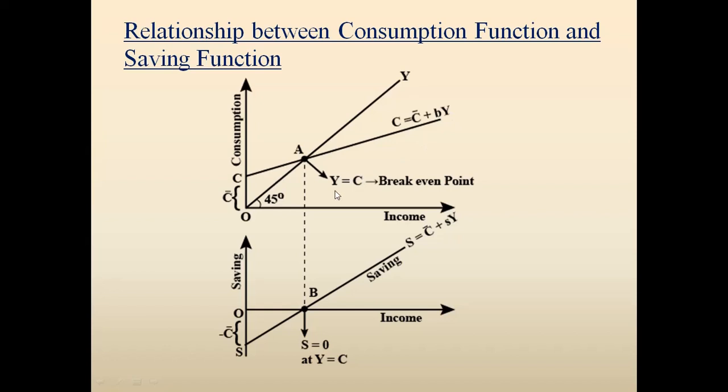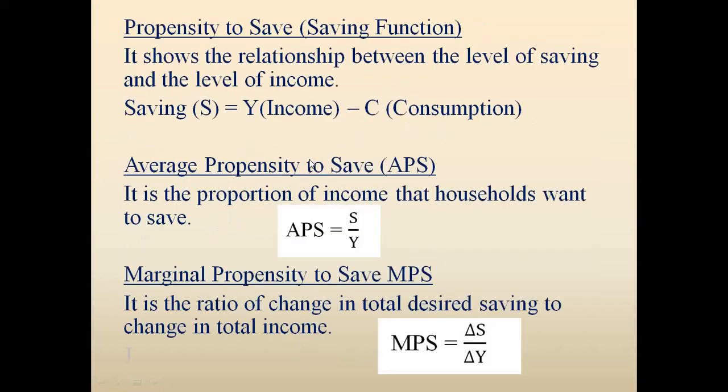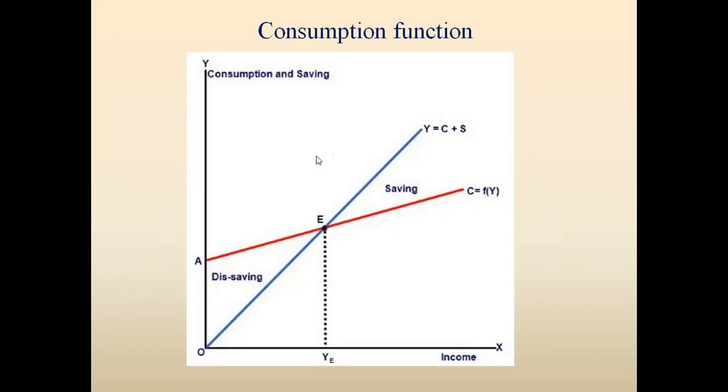So now when income is equal to consumption, here also you can see the same graph. Here income is equal to your consumption, this blue line.